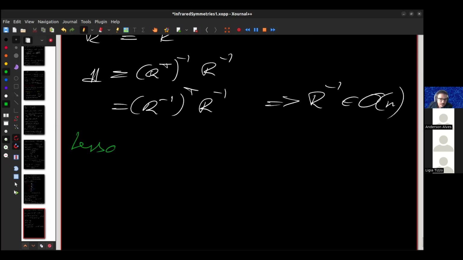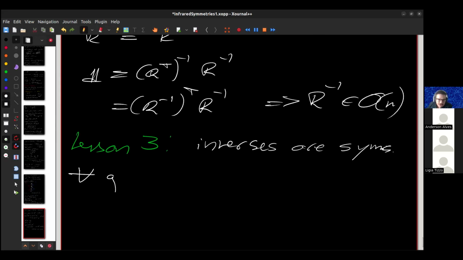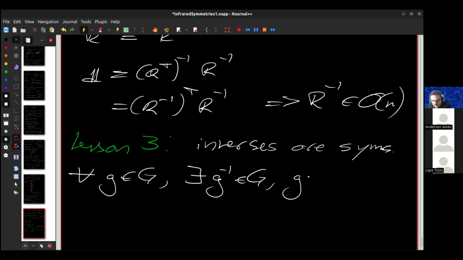This leads us to lesson 3. Lesson 3 is that inverses are symmetries. What this means for us is that for any symmetry g in our collection G, there is some other symmetry, which we call g minus 1, also in G, with the property that g times g minus 1 equals g minus 1 times g, which equals the identity.